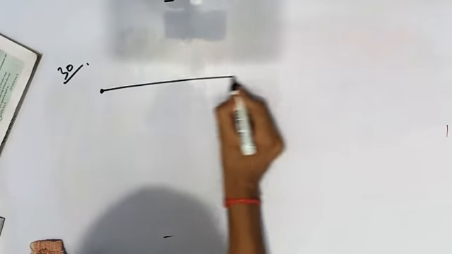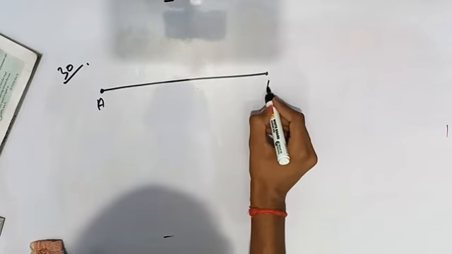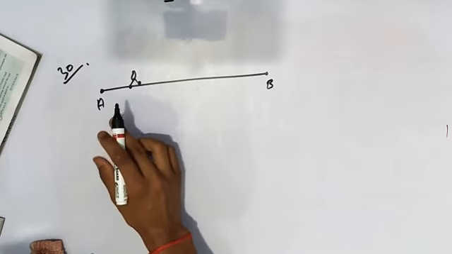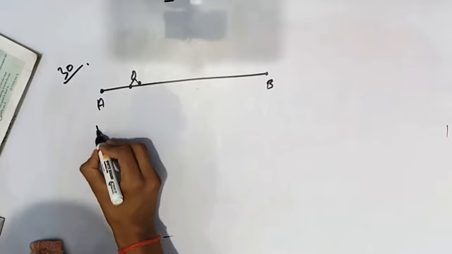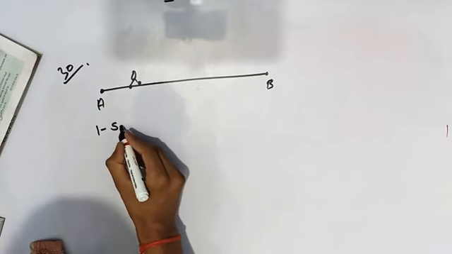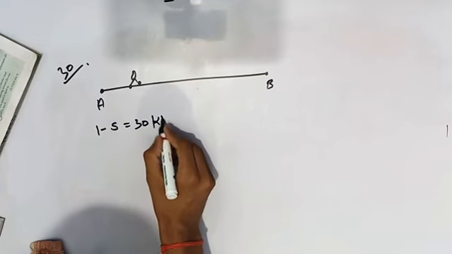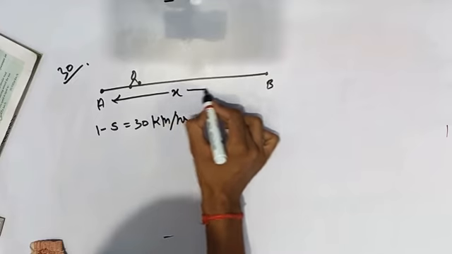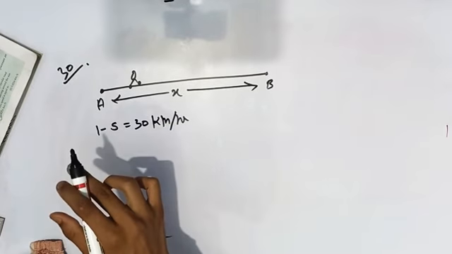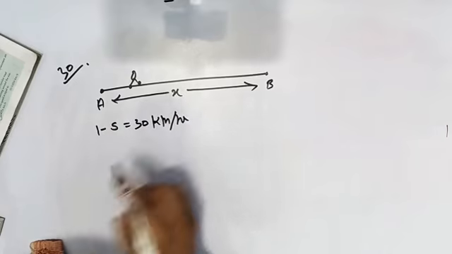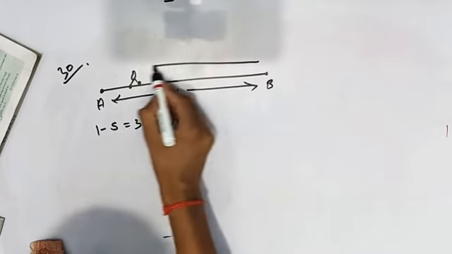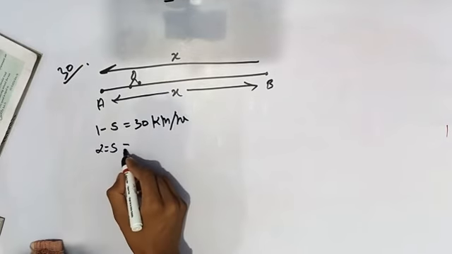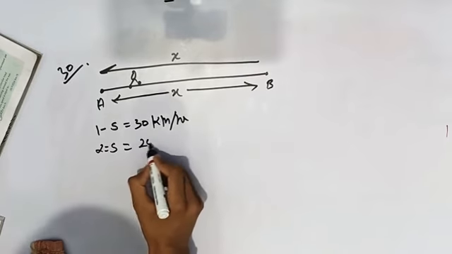This is A to B. In the first case the speed is 30 km per hour, and the distance we don't know, so we will let it be x. In the second case it returns from place B to A, so the distance will be the same, but it comes with a uniform speed of 20 km per hour.